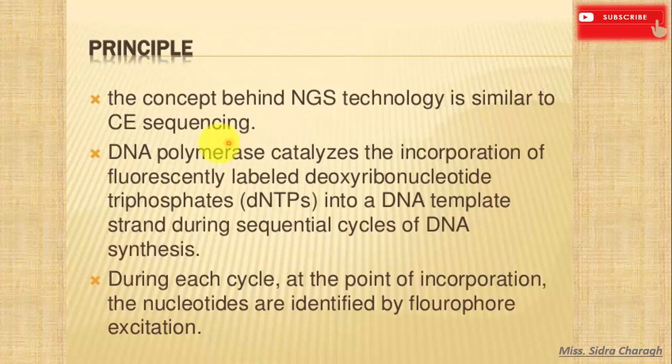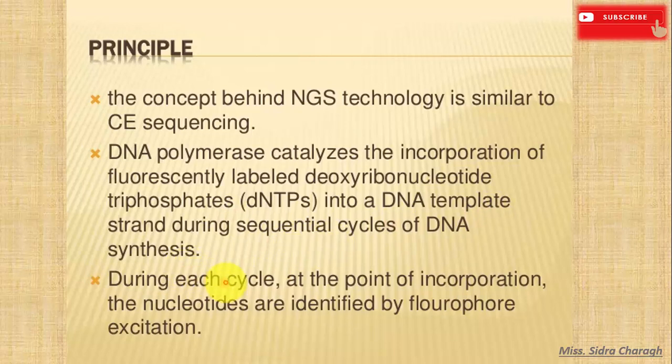Now let's see what is the principle behind next generation sequencing. The concept behind next generation sequencing technology is similar to CE sequencing. In next generation sequencing, the DNA polymerase enzyme catalyzes the incorporation of fluorescently labeled deoxyribonucleotide triphosphates into a DNA template during sequential cycles of DNA synthesis.